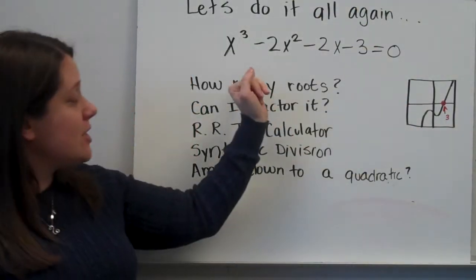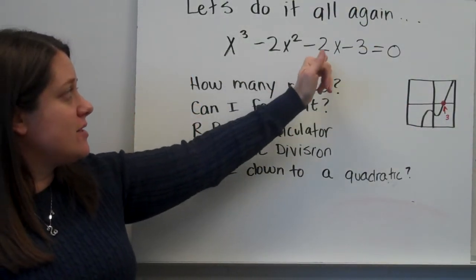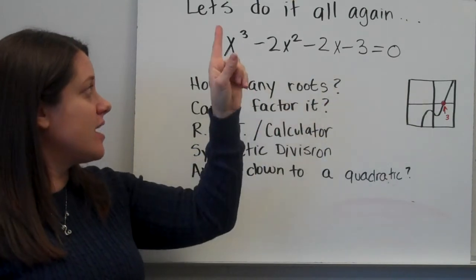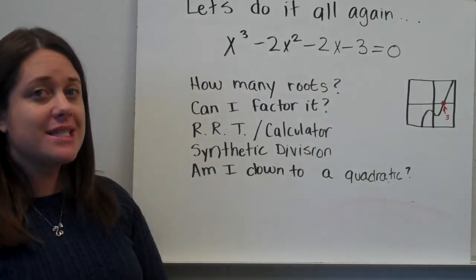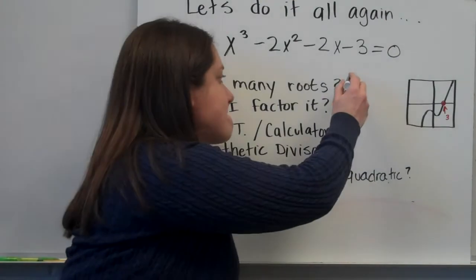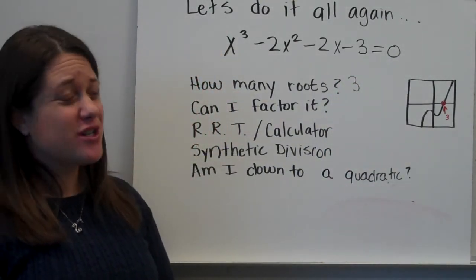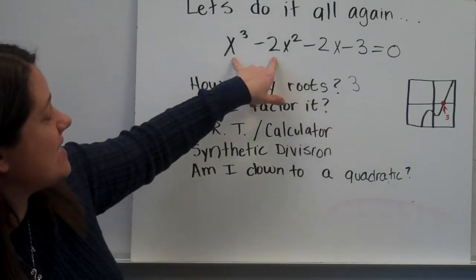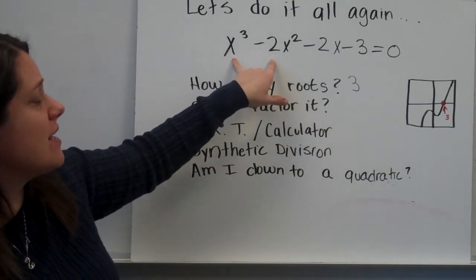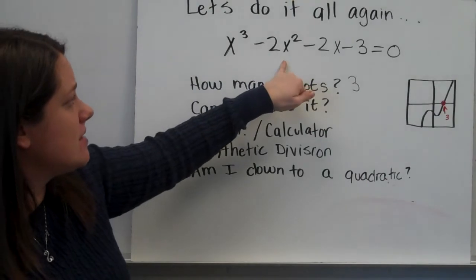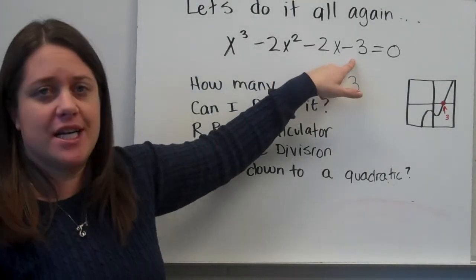Here we go. We got x cubed minus 2x squared minus 2x minus 3. I'm starting with a cubic. So, how many roots? 3. Can I factor it? 4 terms, maybe by grouping. If I put that together and take out an x squared, I'd have x minus 1. That's never going to turn into x minus 1.